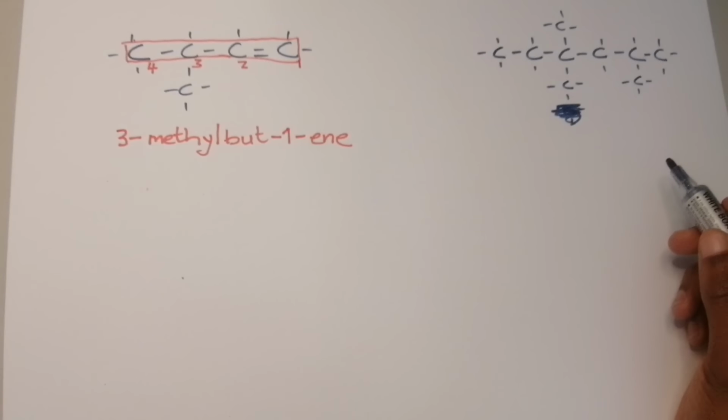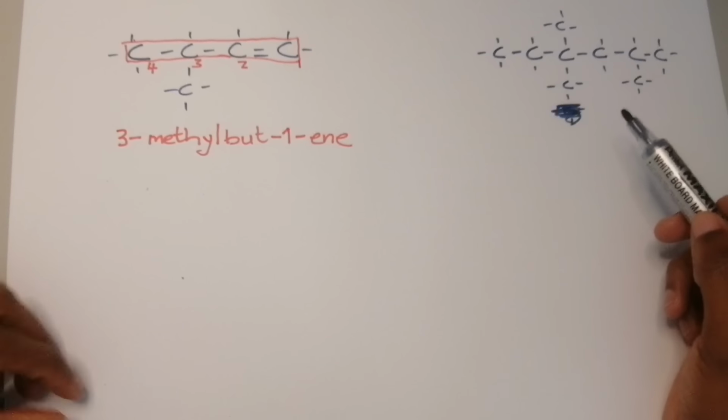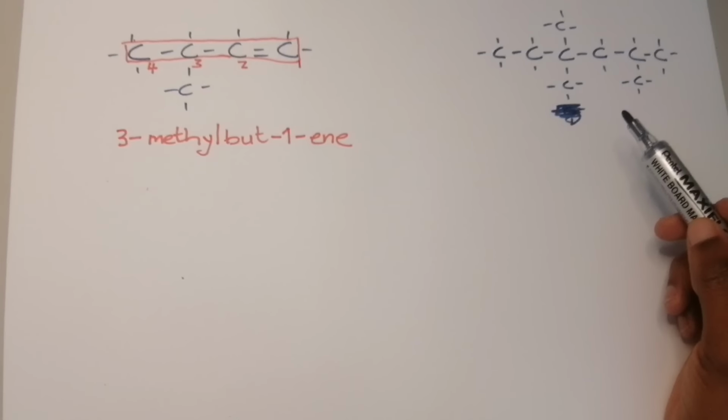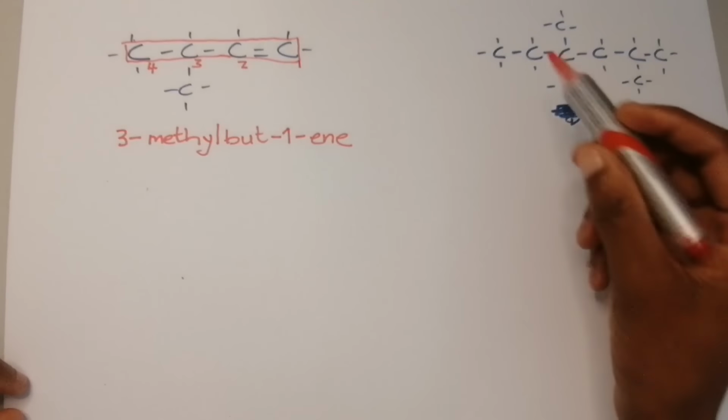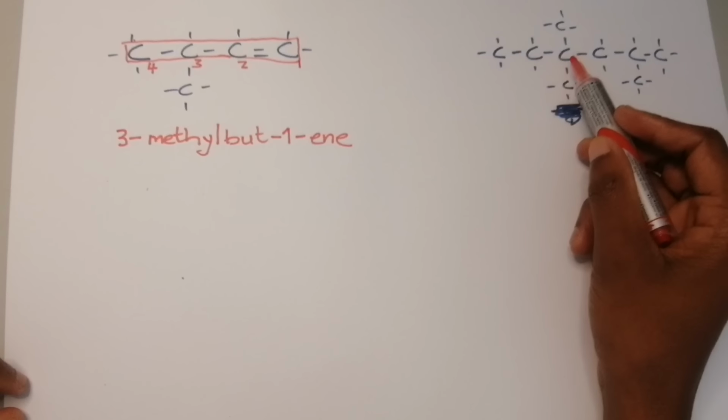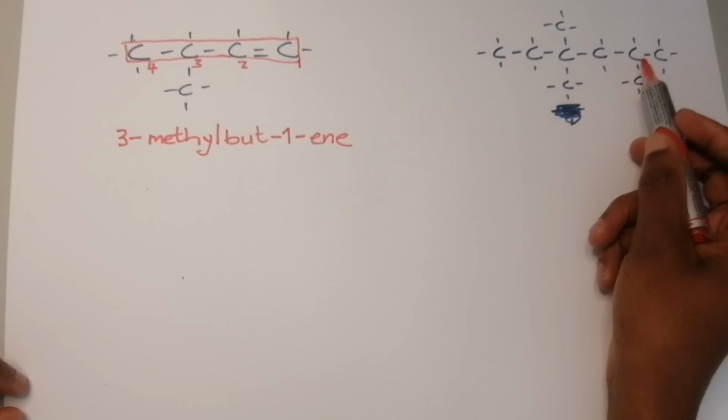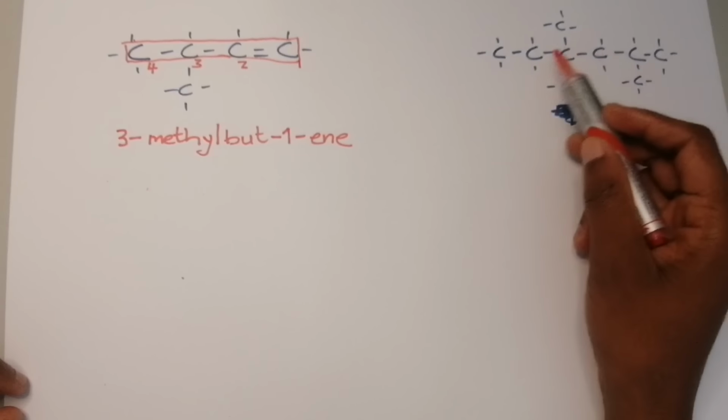So in this case, because I don't have a double bond or a triple bond, the thing that is now going to take preference, take priority, is my side chains or my branches. Right, now look at this. In this case, this is going to be 1, 2, 3, 4, 5, so it's going to be at 3 and 5.